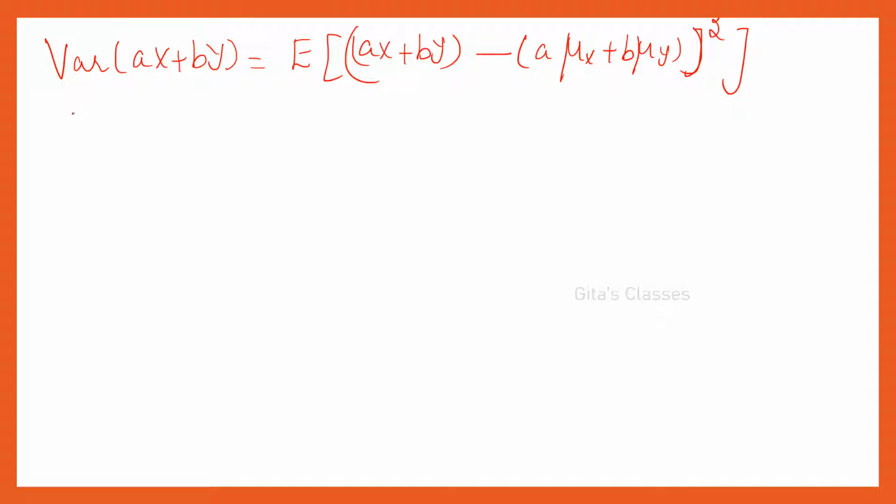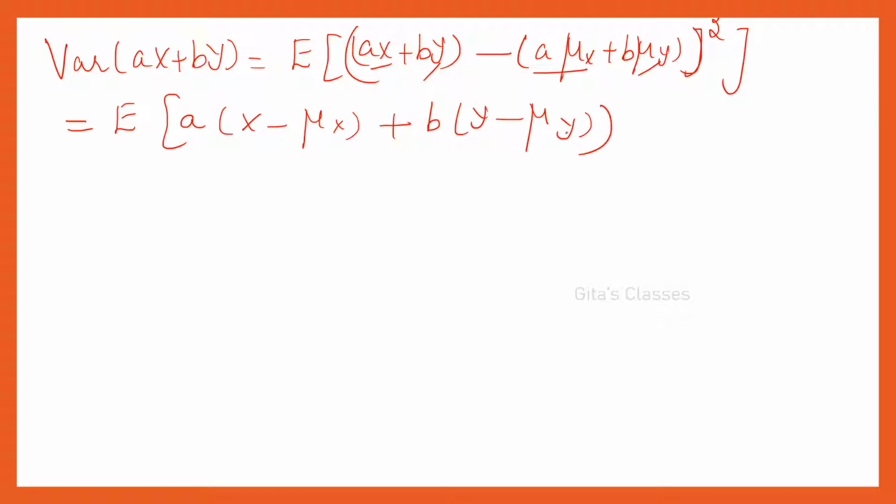Now just rearrange these things. Expectation of, I'll consider ax and a mu x. So a can be taken outside, x minus mu x, plus, consider by and b mu y, by minus b mu y. So b can be taken outside, y minus mu y, the whole square. Now apply the (a plus b) the whole squared formula.